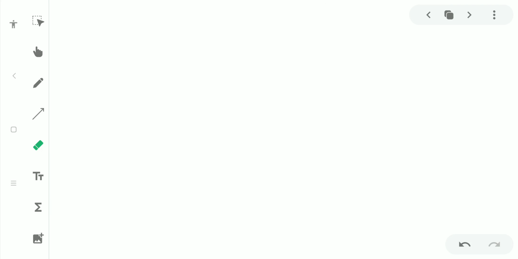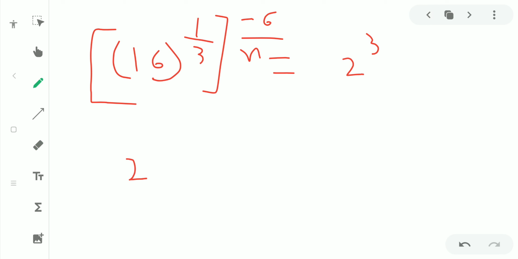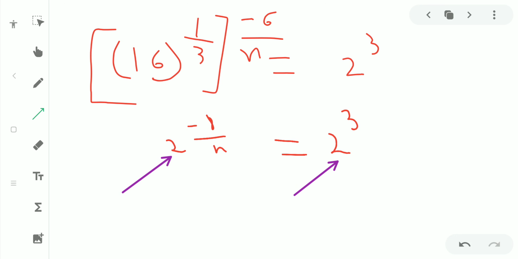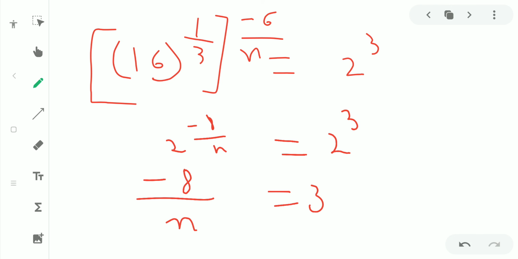Hope the idea is clear. Now let us solve it. 2 power minus 8 by n is equal to 2 cube. So when bases are equal, powers are equated. You will have minus 8 by n is equal to 3.